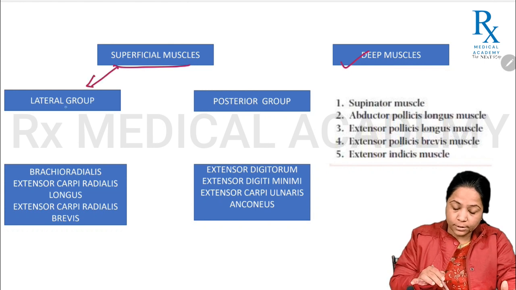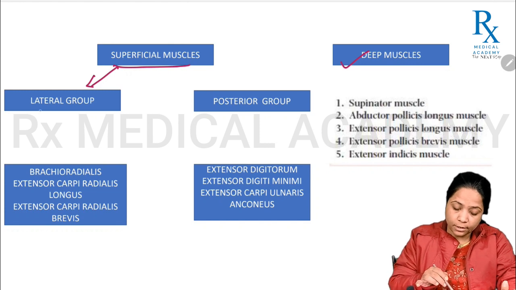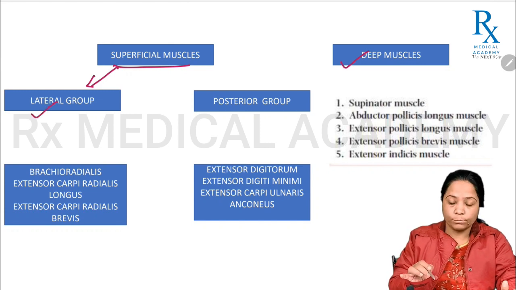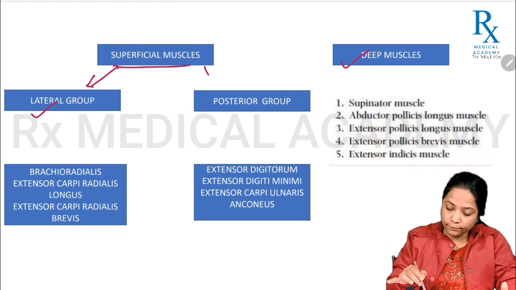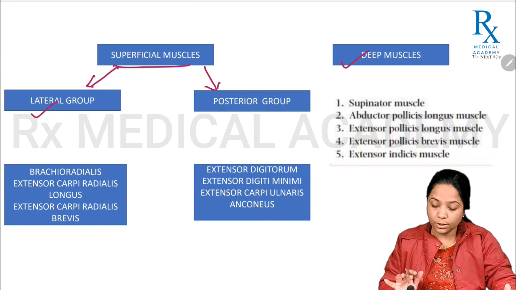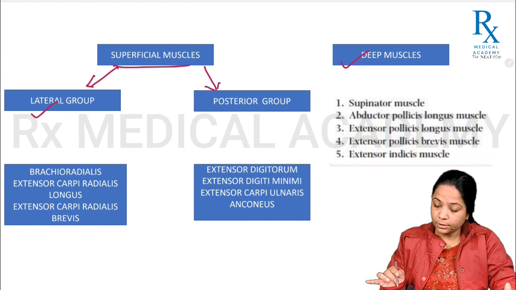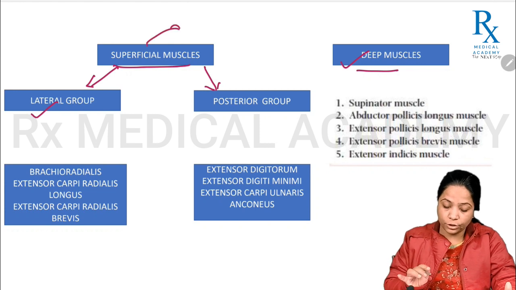One, there are certain muscles situated more on the lateral side. They are included in the lateral group of superficial muscles of the posterior compartment of the forearm. Then we have the posterior group of superficial muscles of the posterior compartment of the forearm. The deep muscles lie just beneath these superficial muscles.